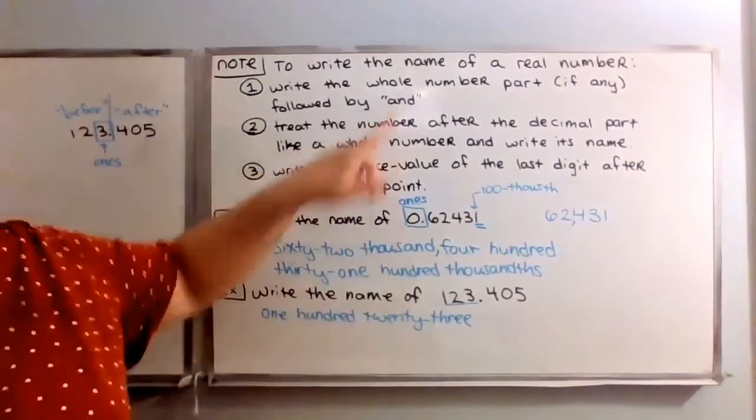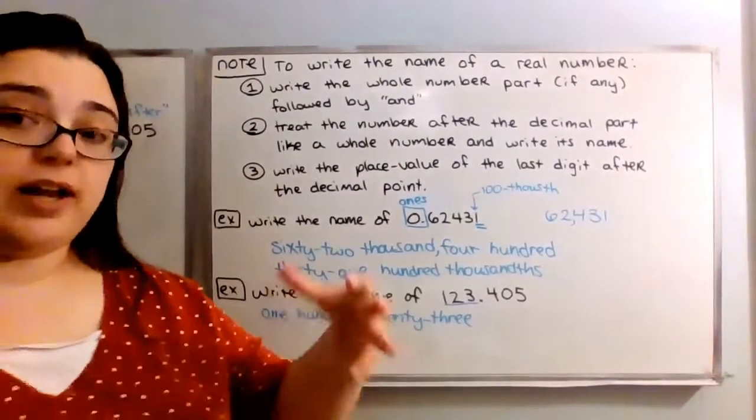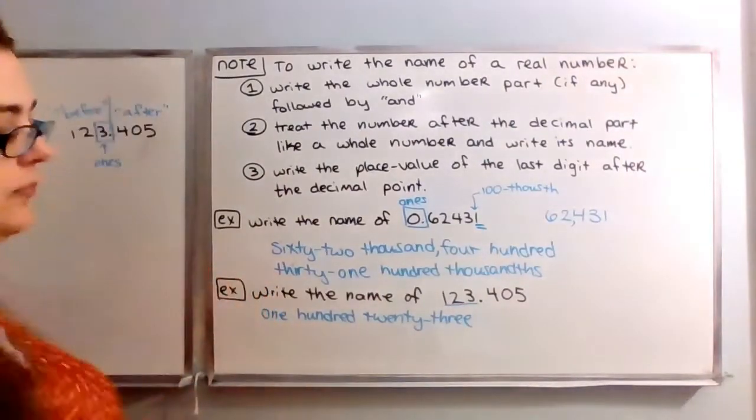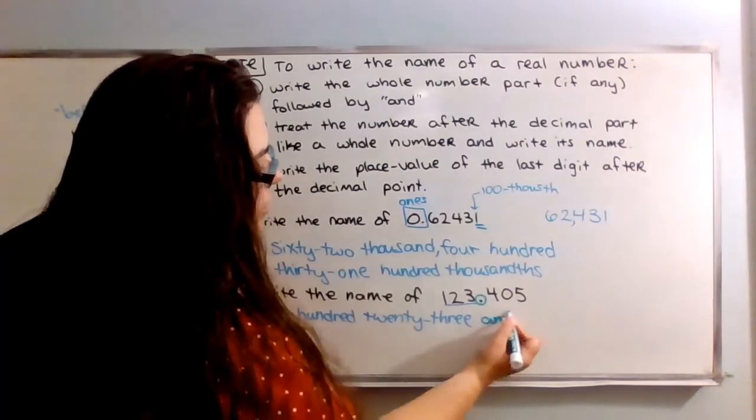Then we're going to follow this with the word and, because the and is there to represent that we have a whole number and some part of a whole number, a decimal part. So the decimal point is going to be and.